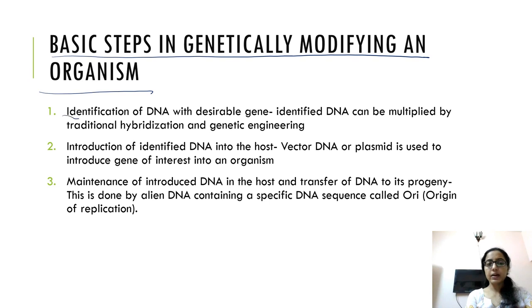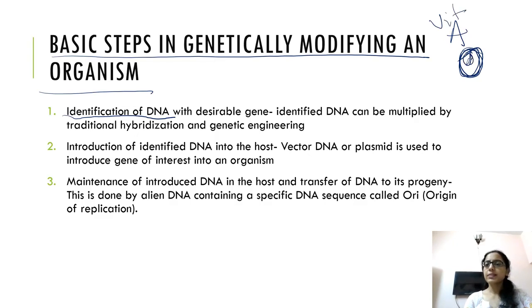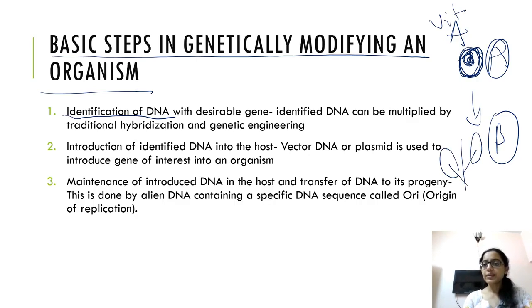First step is, suppose this is one plant genome. This plant has a high content of vitamin A. This is plant A, this is plant B. We want this characteristic in this plant also, so we have to select this particular genome. From this genome, the whole genome is not responsible for vitamin A production.